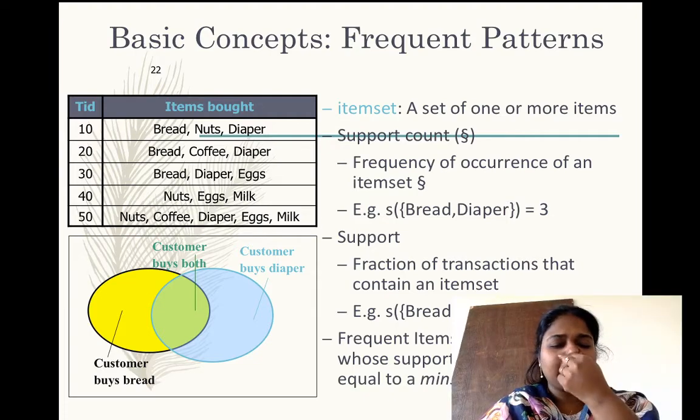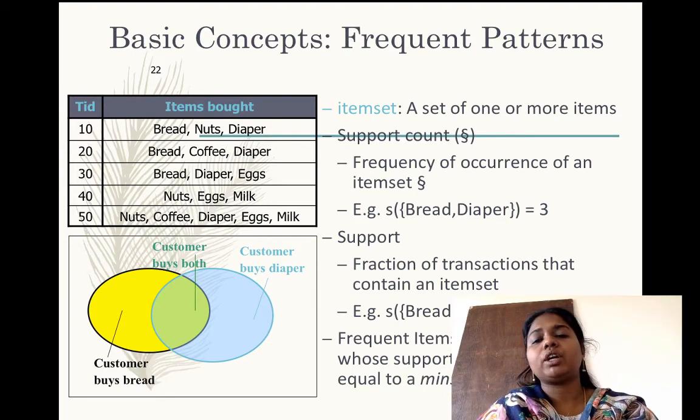So the minimum support threshold is defined depending on the domain in which it is bought or the algorithm is applied. In a Rolls-Royce car company, if I say a car being bought in one day is frequent, then there will be no frequent pattern at all.